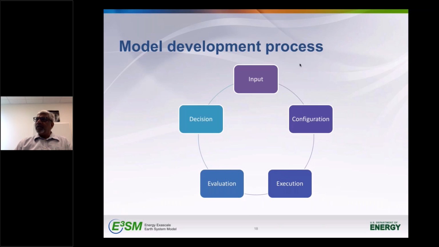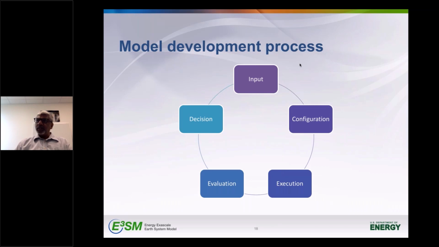Basically, we can abstract that out and say, we start with a set of inputs, which is based on the science requirements. Based on the input, the model is developed and configured for that particular experiment, and it's executed across whatever the computational center.